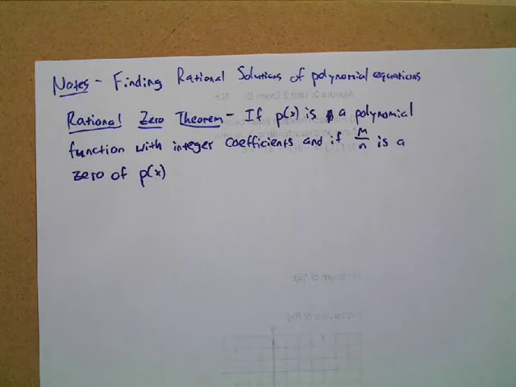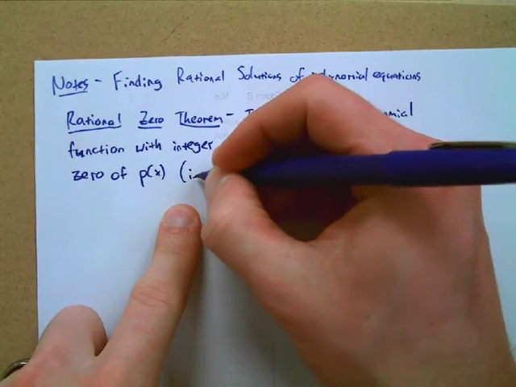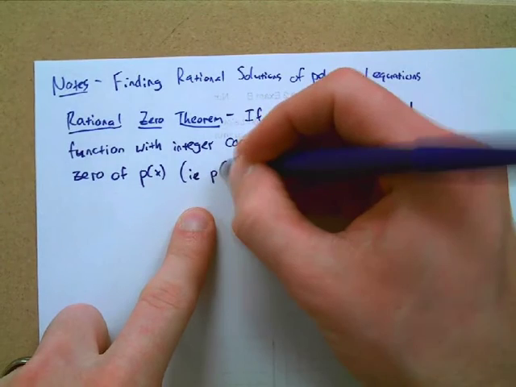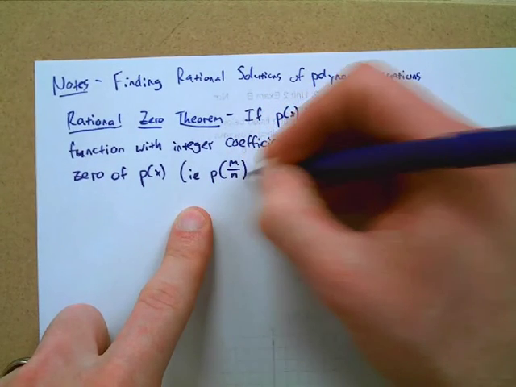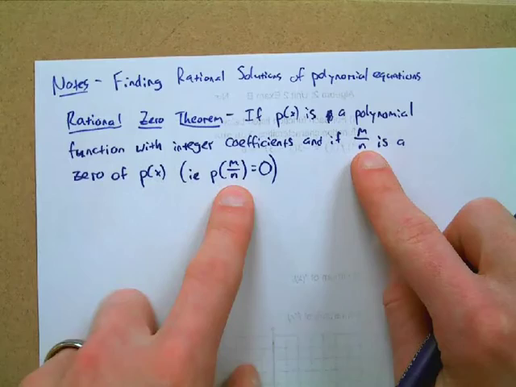If m over n is a zero of p of x, i.e. p of m over n equals 0. So if you plug m over n into your polynomial, it gives you 0, that would indicate that's a zero.